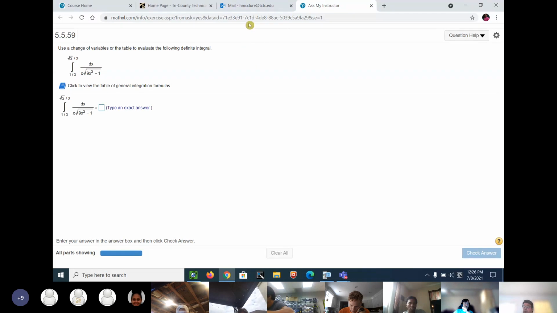So it says the antiderivative from 1/3 to the square root of 2 over 3 of dx over x square root of 9x squared minus 1.